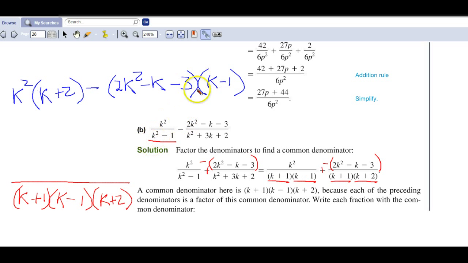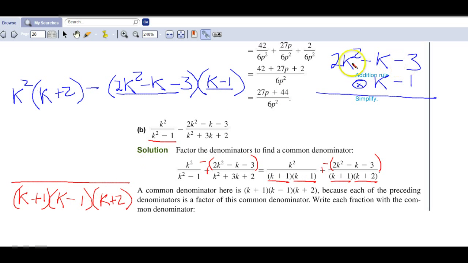Okay, well again, this one is a little challenging and tedious because now I have to multiply this by that. And I don't know if I mentioned this to you, but I would do this vertically. So this times this is positive 3. This is going to be a positive k. This will be a negative 2k squared.